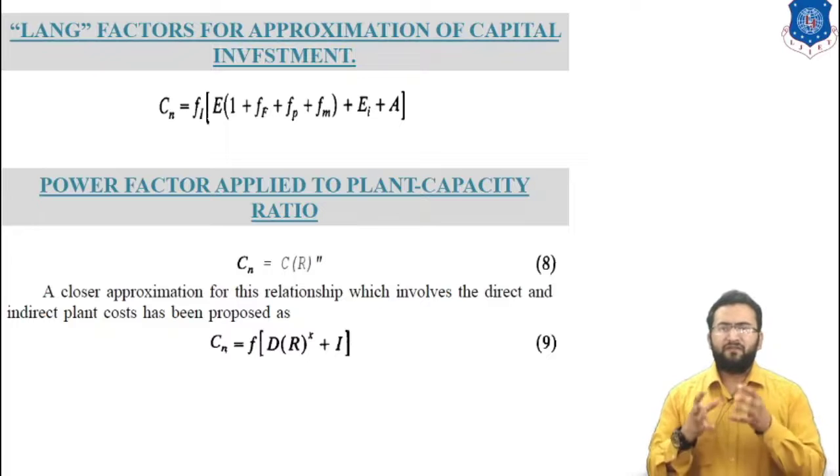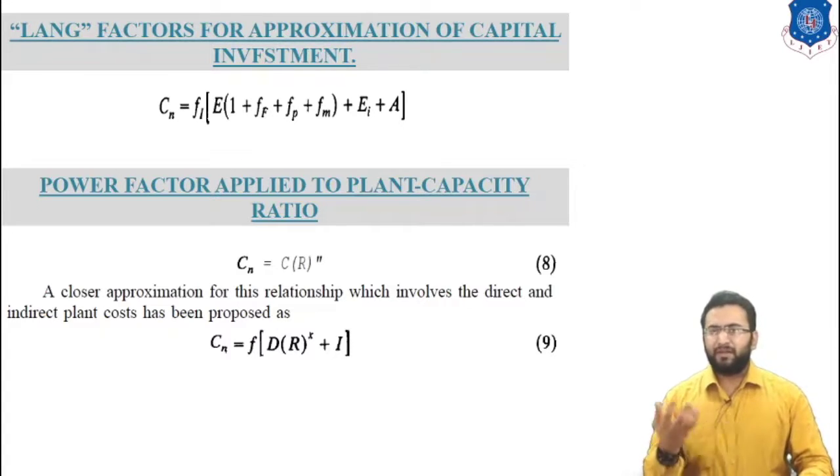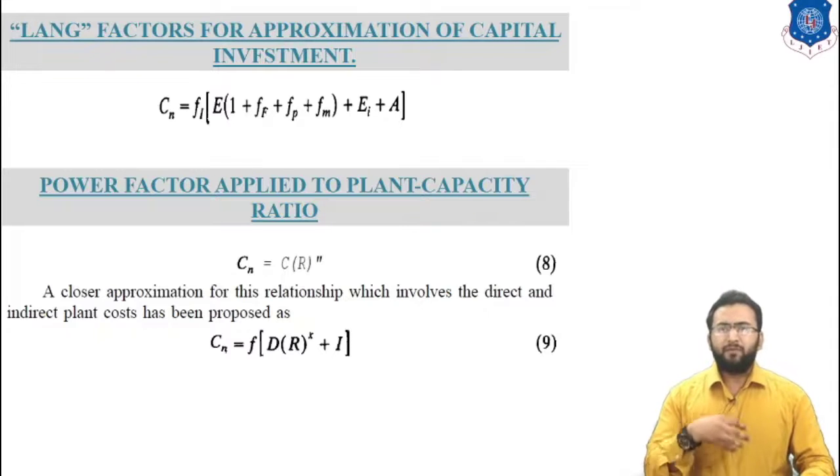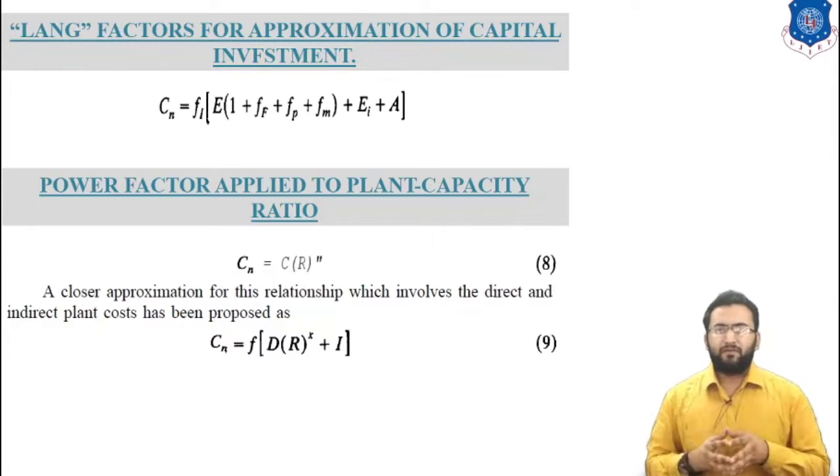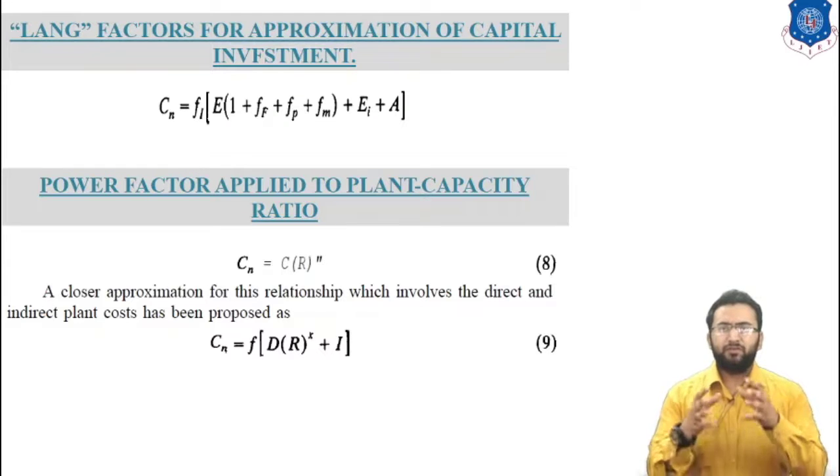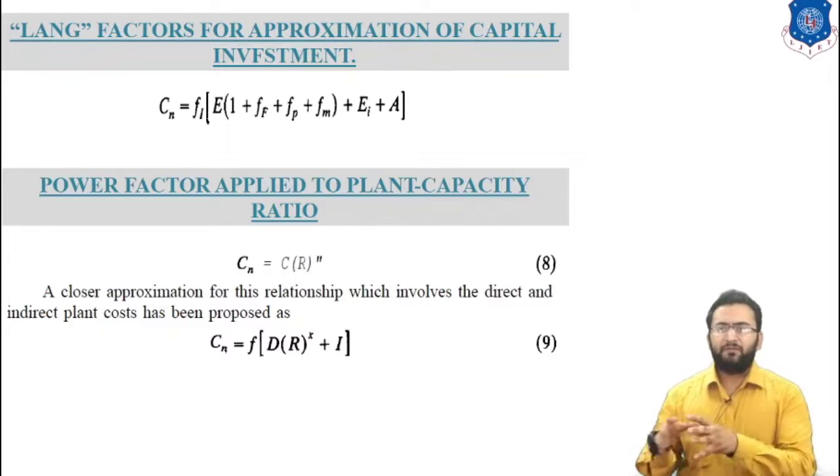Greater accuracy of capital investment estimation can be achieved in this method by using a number of factors. One approach is to use different factors for different types of equipment.